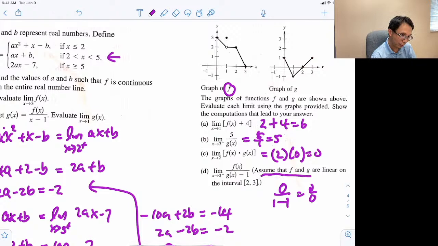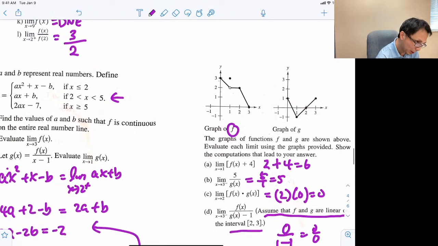They say assume f and g are linear on the interval 2 to 3. So I know this one here, I can extend this line, and I can extend this line. So that becomes y equals negative 2x, because it's down 2, right 1, down 2, right 1, down 2, right 1.